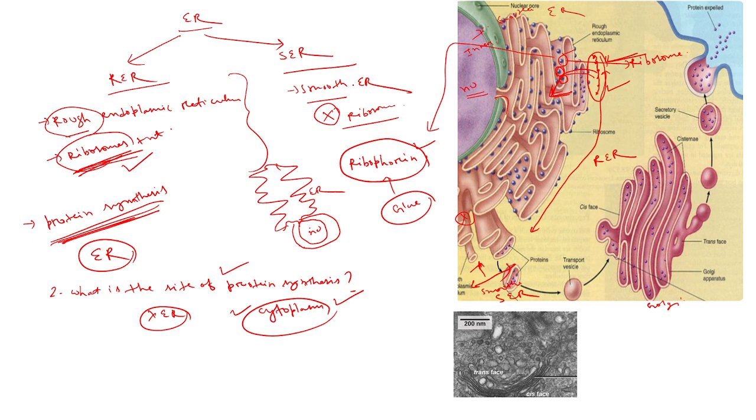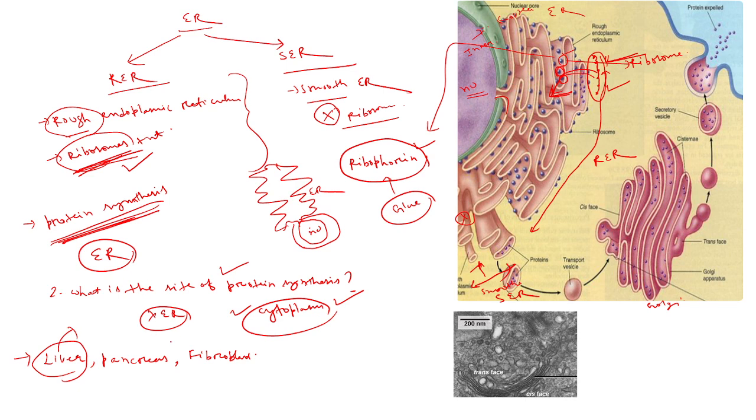And which type of cell contains the rough endoplasmic reticulum? Mainly liver, pancreas and fibroblast. The liver contains many enzymes, many proteins, many lipids.